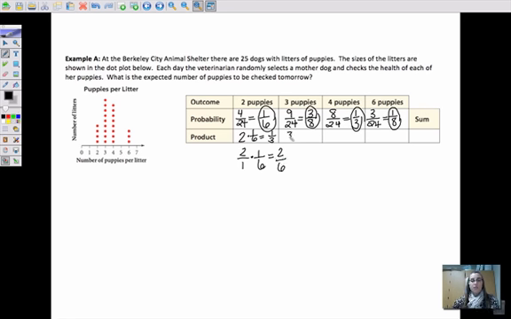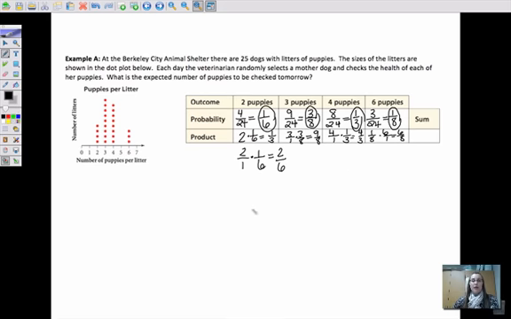This one we'll do 3 over 1 times 3/8. So that'll give us 9/8. And this one will do 4 puppies, 4 over 1 times 1/3, which gives us 4/3. And then 1/8 times 6 puppies gives us 6/8.